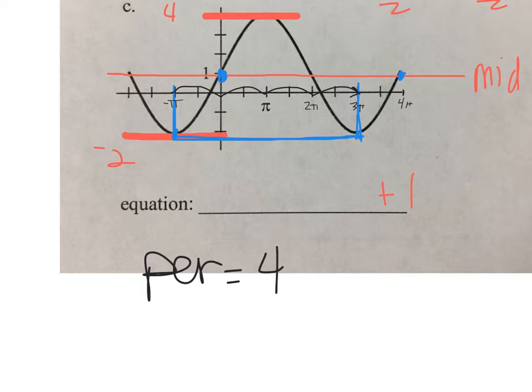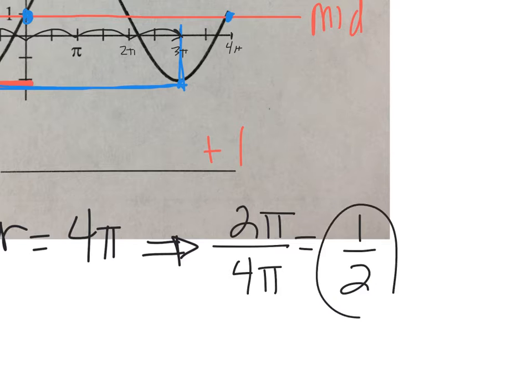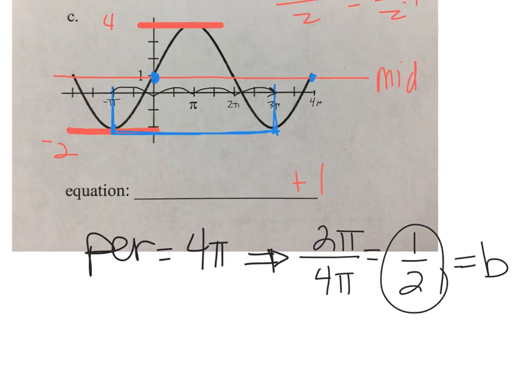So this has a period of 4 pi, which is great because that helps me find the b value, or the coefficient of x, in my equation. To do that, I take 2 pi and divide it by the period. So 2 pi divided by 4 pi is 1/2. That is the b value for your equation, or the coefficient of x, or theta, whichever one you're using.